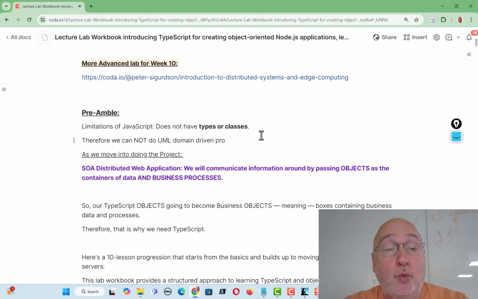So therefore, we cannot forward generate our code from a UML diagram. We cannot do UML domain-driven programming, generating objects from UML diagrams, because we don't have objects.